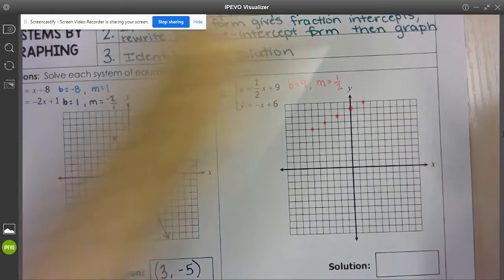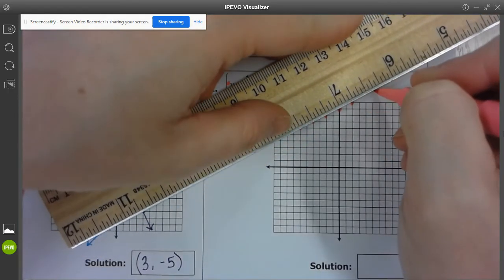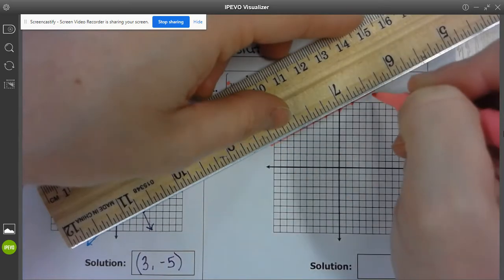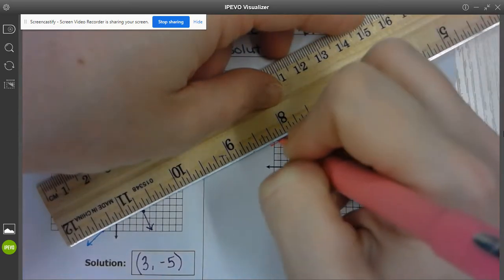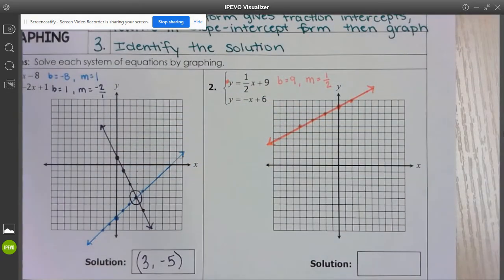Or up 1 and to the right 2. And I'm gonna, nope, not do a very good job connecting these apparently. Now you do have to be super careful with how you draw your lines.